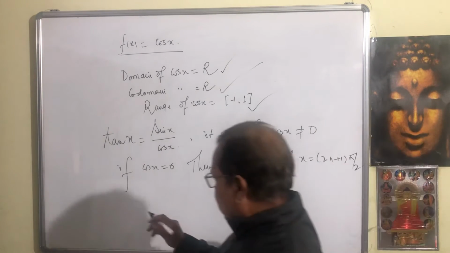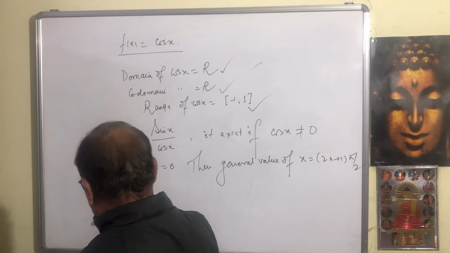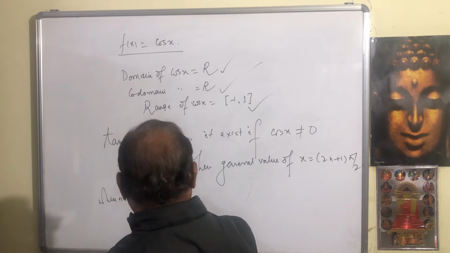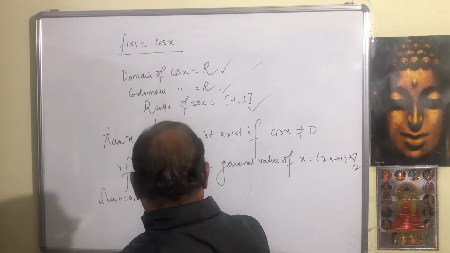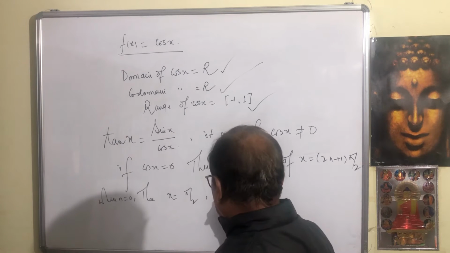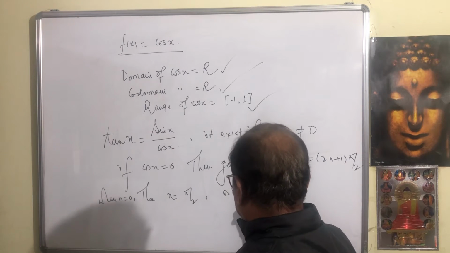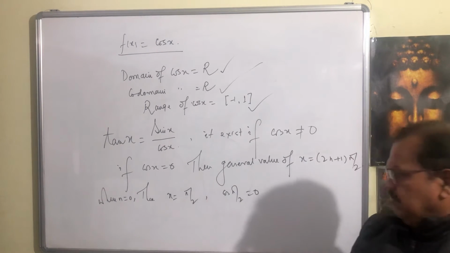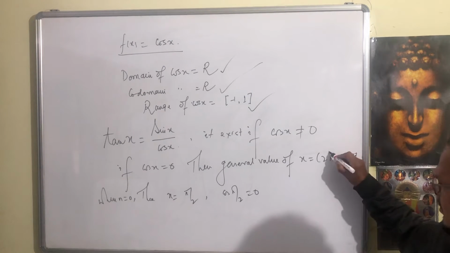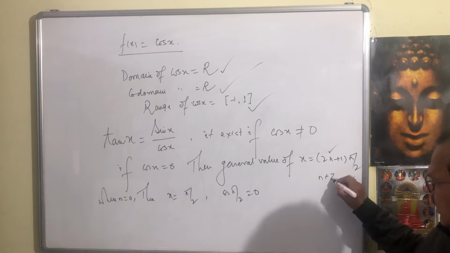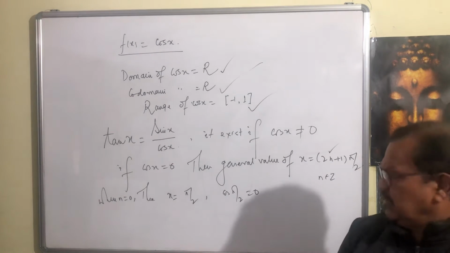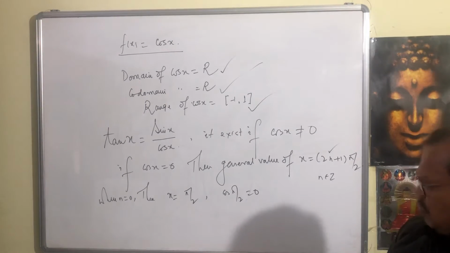For example, when n is 0, then x is equal to pi by 2 and cos pi by 2 is equal to 0.